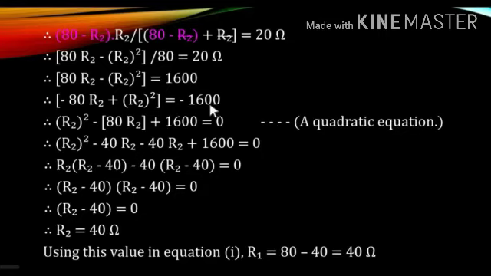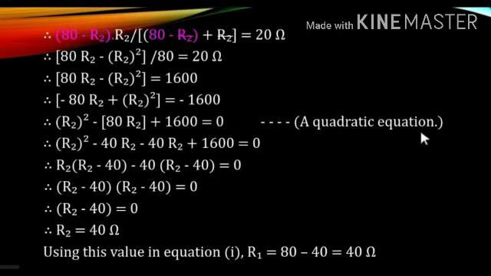Now this 1600 is taken to the left hand side, that means here sign will change while transferring this value, and here by rearranging the above values we will get R2 raised to 2 minus 80 R2 plus 1600 is equal to 0. Now this is the quadratic equation.